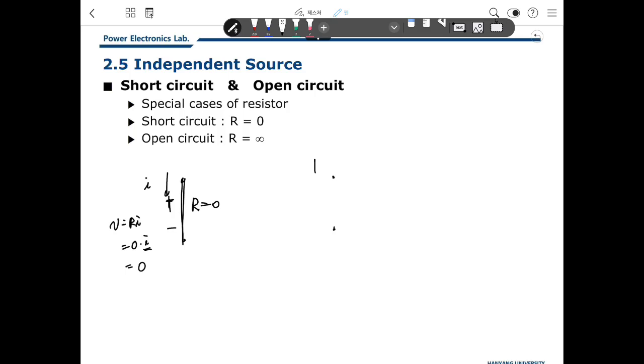And in an open circuit, the current I is 0, because the current cannot flow through this point.